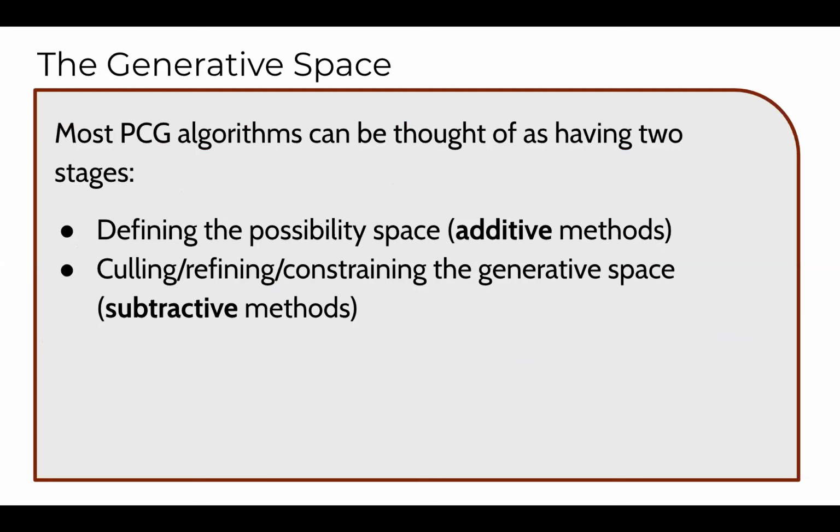And then things like constraint solvers and search-based methods are strictly yes or no: does this thing have the property or doesn't it? And if it does, then it's a member of the set. So you're defining characteristic functions for what the valid artifacts of the set would be.